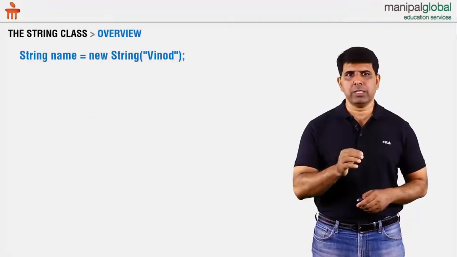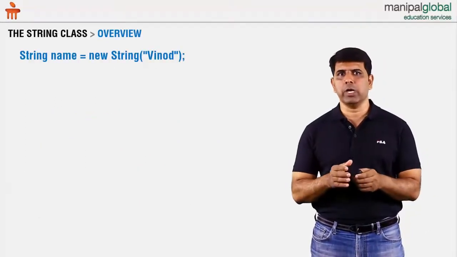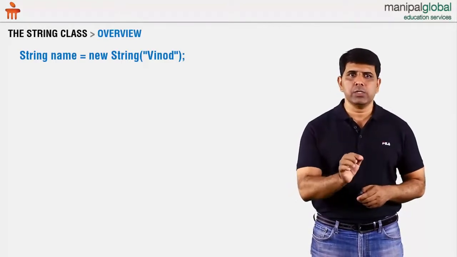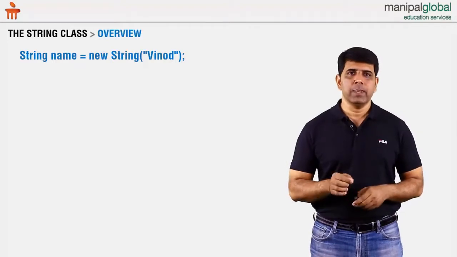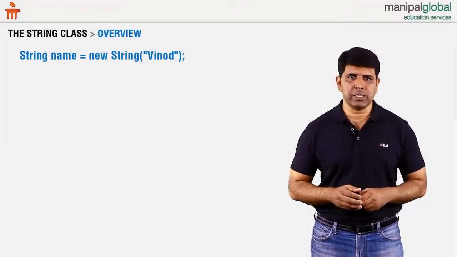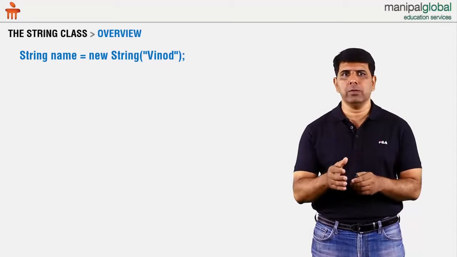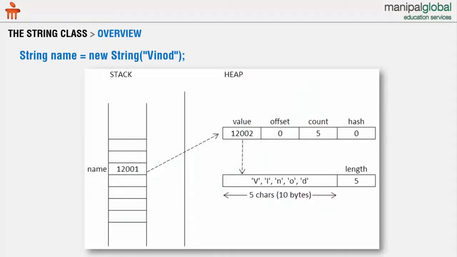This is an example of how you create a string object: String name equals new String of Vinod. Here a new object gets constructed because of the keyword new. In the memory, you can see name represents a reference variable, not a group of characters like Vinod.